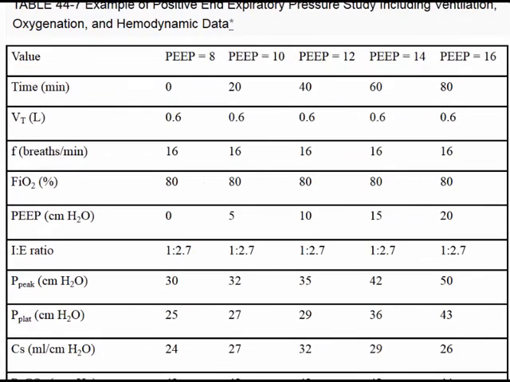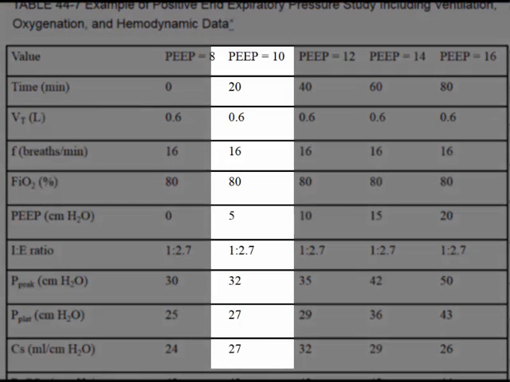Airway pressure increases, compliance improves, and then decreases at higher levels of PEEP. And oxygen transport improves and then declines. The optimum PEEP for this patient is 10 centimeters of water because it provides the best arterial oxygenation without decline in oxygen delivery or cardiac output.